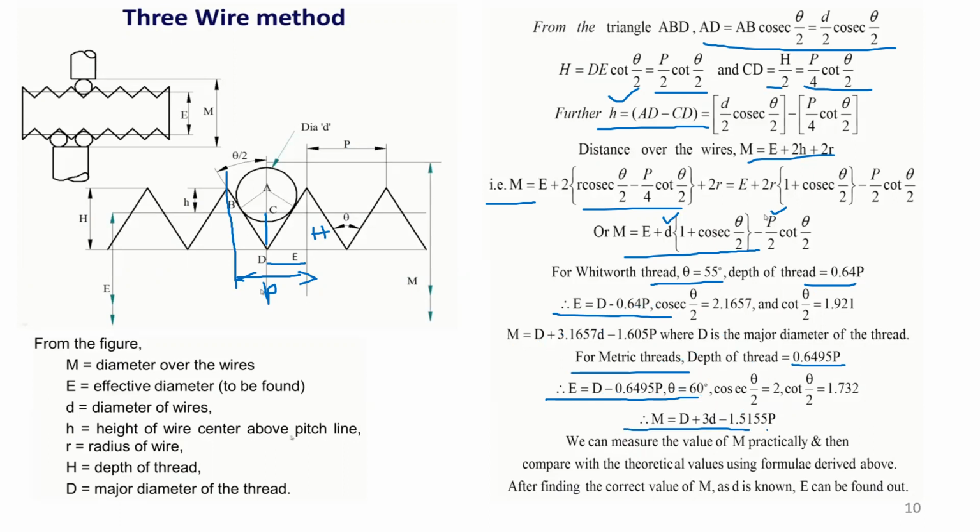And this is the final relation for metric thread for measuring the diameter over the wires. M is equal to D plus 3D minus 1.5155 times the pitch.